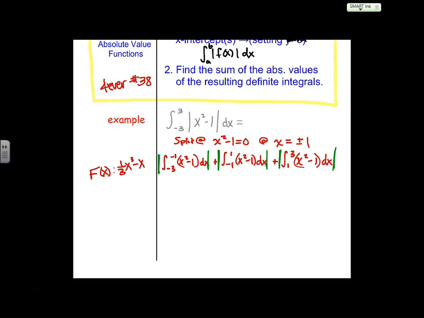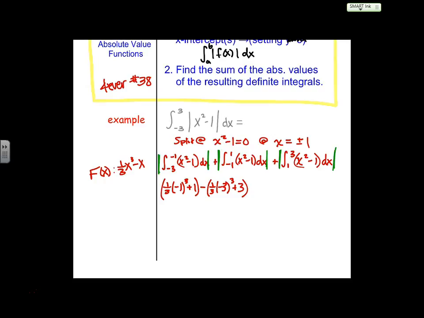So I'm going to start plugging and chugging. So I have f of b, 1/3 of -1 cubed minus -1. That's f of b minus f of a for the first one. That'd be 1/3 of -3 cubed minus -3, plus 3. Double check my math, guys.